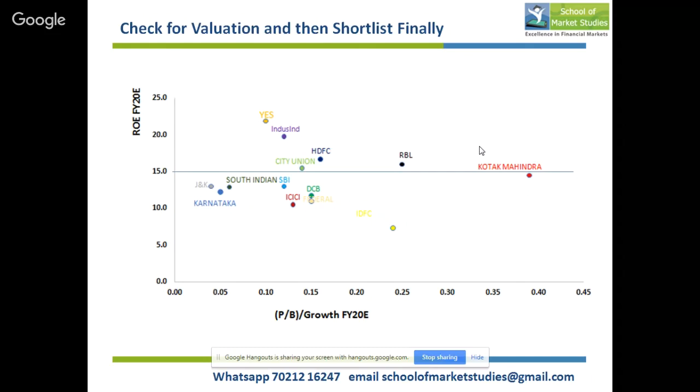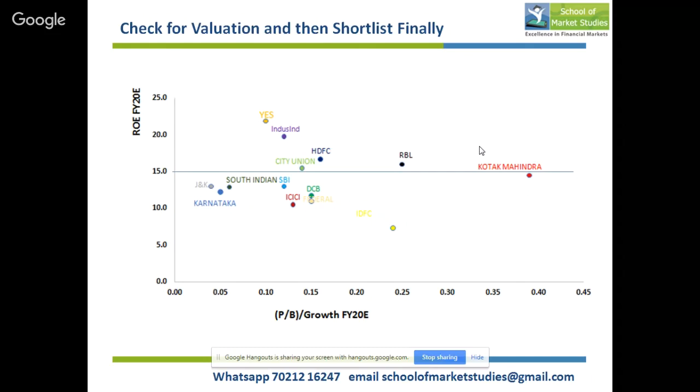And what we will now do is go back and see which is a very compelling stock idea. Although Yes Bank is giving you the highest ROE and it has the lowest price to book by growth, PB by G, if you could use that terminology, yet in terms of corporate governance and other more descriptive, qualitative aspects, it does not score that highly among these six banks.